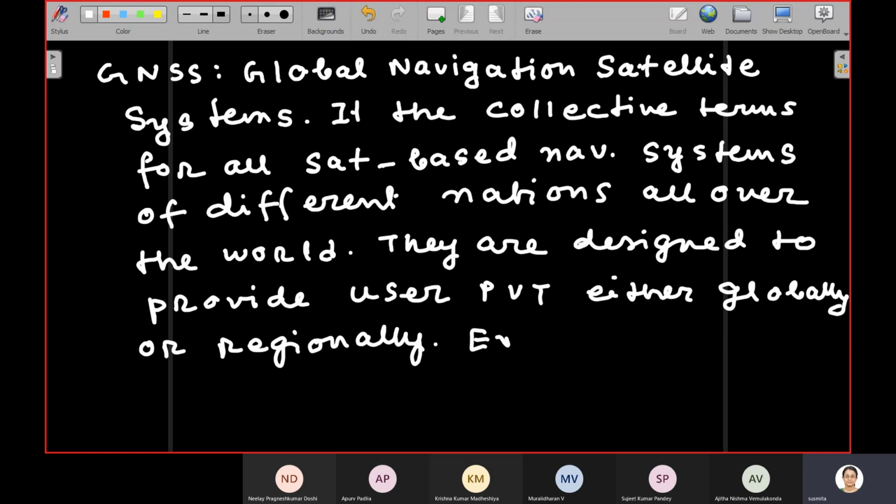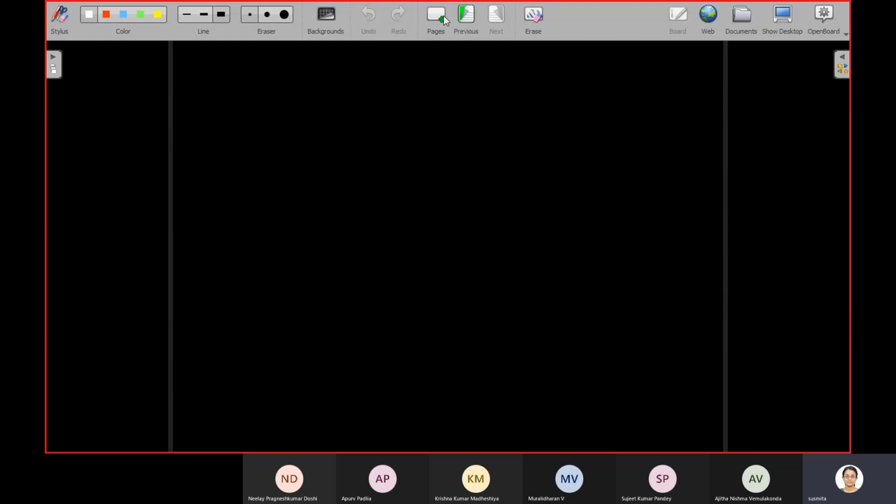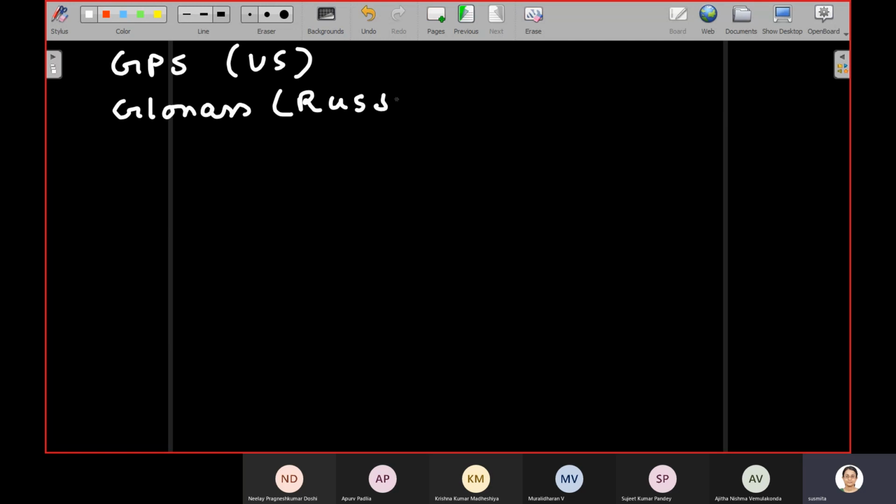Examples of global systems are GPS, the Global Positioning System of the USA, GLONASS of Russia. So these two are currently fully operational.